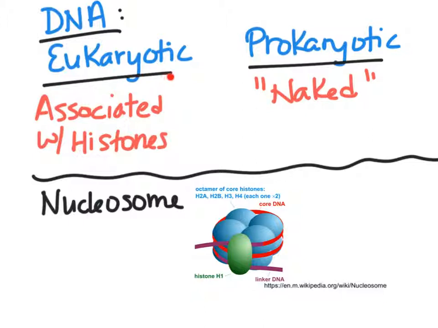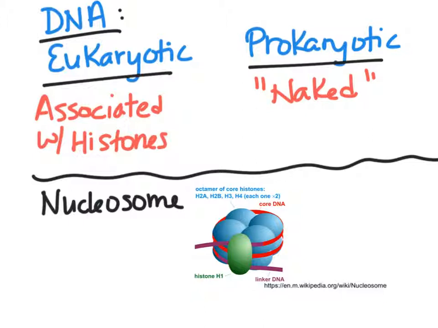In the eukaryotic cell, however, the DNA is associated with histones, and we refer to this relationship as a nucleosome. A nucleosome is going to consist of a central core of 8 histones, which are proteins, and the DNA coils around these 8 proteins, or the octamer, and it consists of 2 copies of 4 different types of histones.